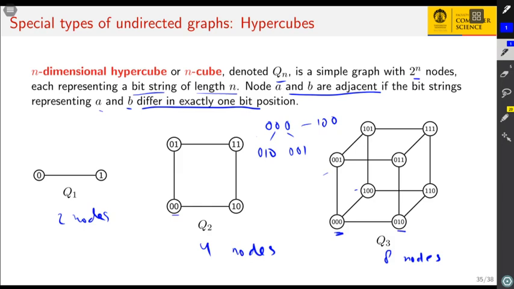This part is Q2, and this is obtained from Q2, and you then connect them together by adding another bit at the leftmost position, right? And actually this holds in general, so you get Q4 by essentially using two instances of Q3.